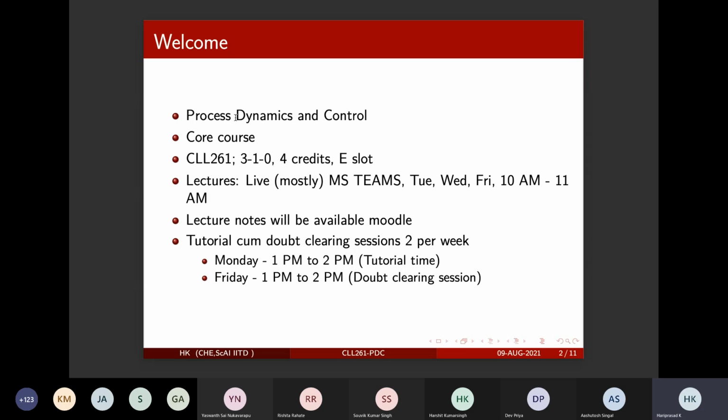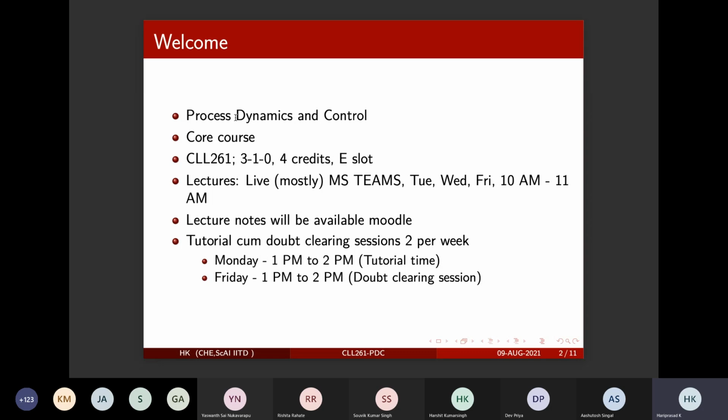I would mostly plan to have the class at the regular slot through MS Teams, Tuesday, Wednesday, and Friday between 10 and 11. I generally present all the notes as PPTs that would be available in Moodle. MS Teams also has functionality for uploading notes. Let me see which is more flexible, but I think mostly I would do it through Moodle.